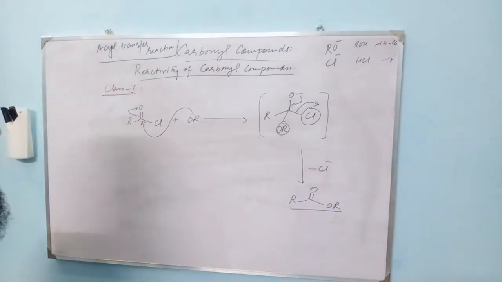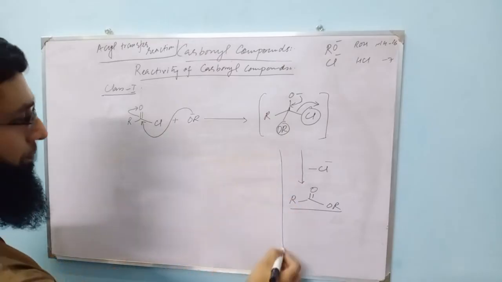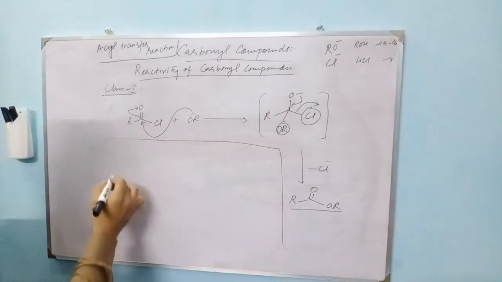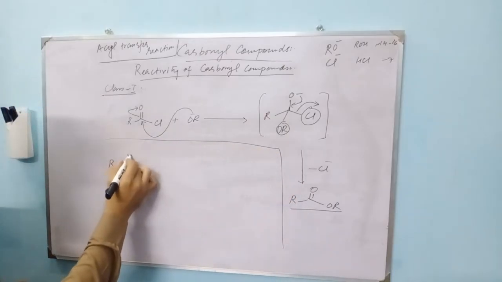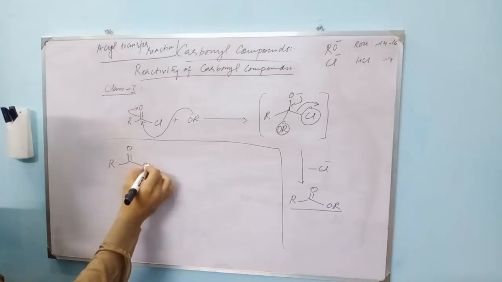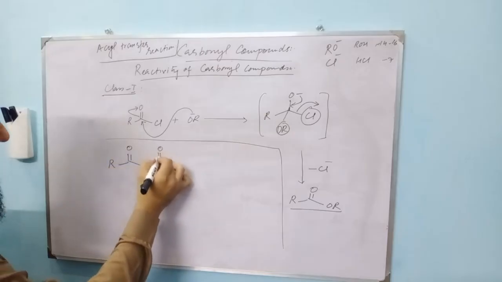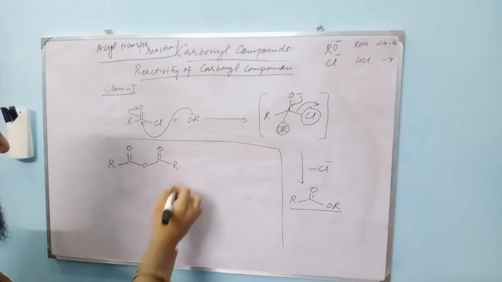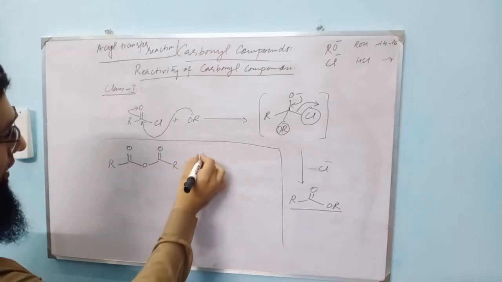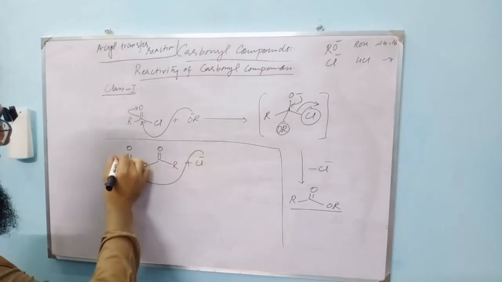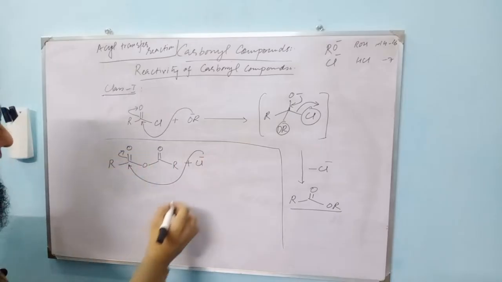Okay, now we see another example. For example, we have this anhydride and we allow it to react with chloride as nucleophile.